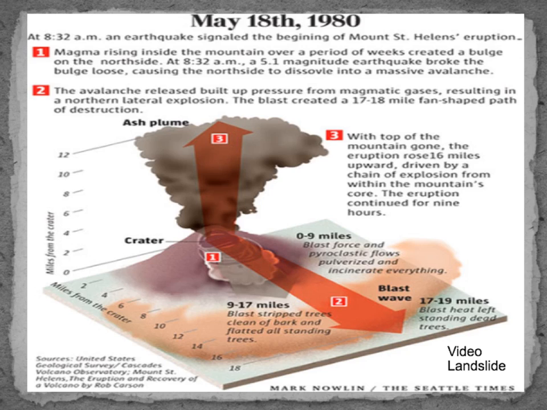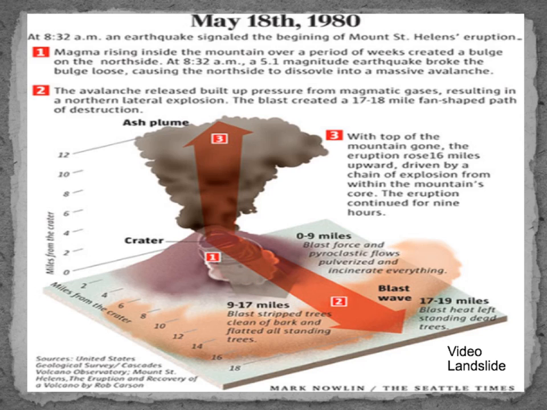This right here is a picture of Mount St. Helens, of what happened in May of 1980. What we ended up seeing happen here is that there was a 5.1 magnitude earthquake that right here, where number 1 is, caused this crazy landslide.